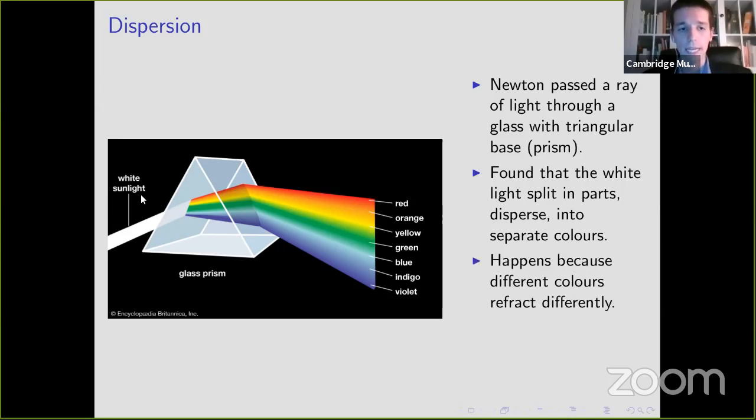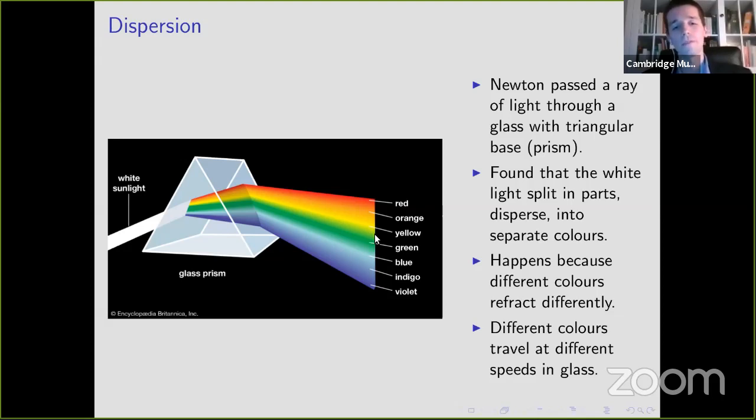So white light is composed of a spectrum, or different colors. And this happens because different colors refract differently. They get deflected by a different amount. Different colors travel at different speeds in glass, and this is what we're seeing.